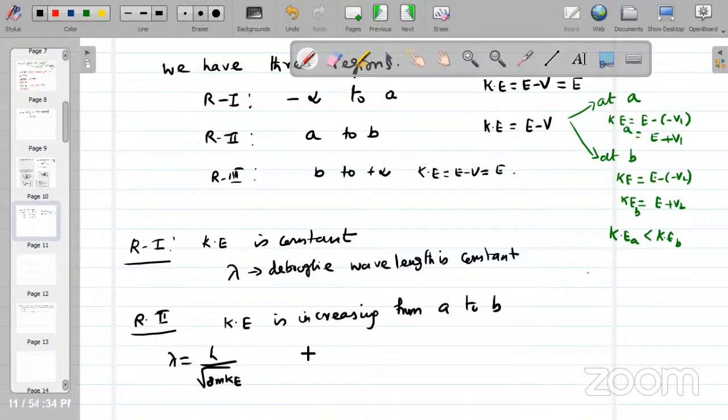So the lambda has to decrease as A goes to B. This is clear.